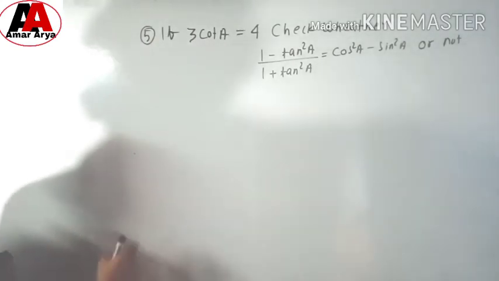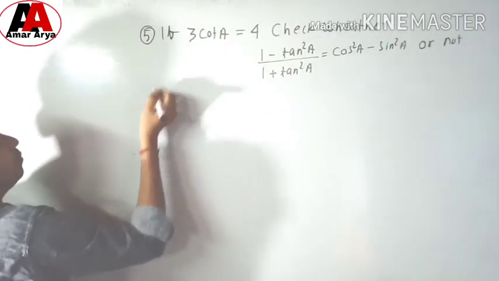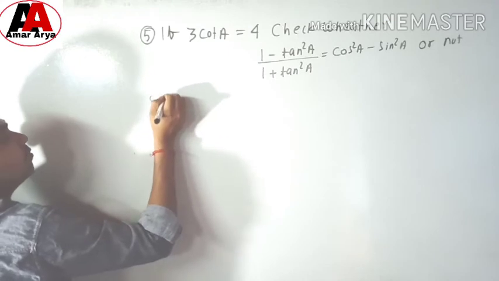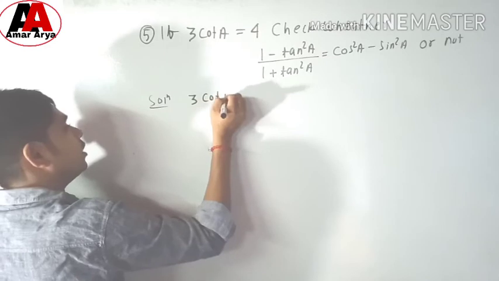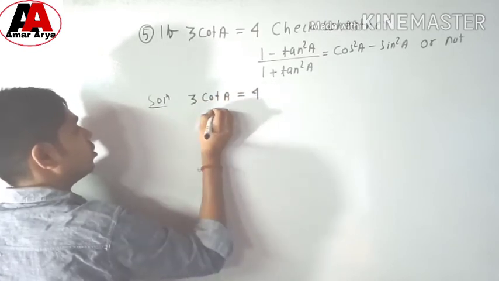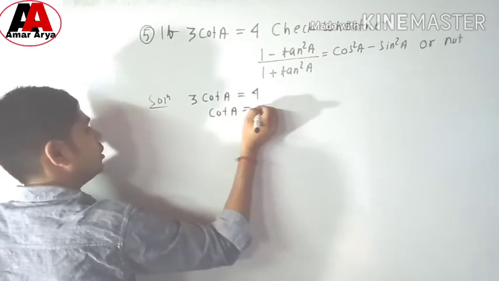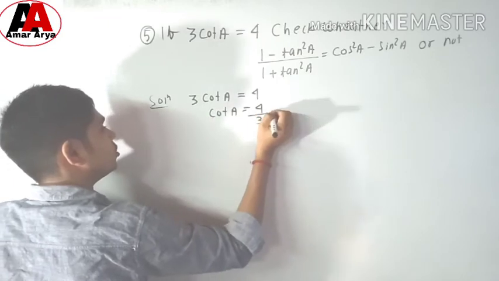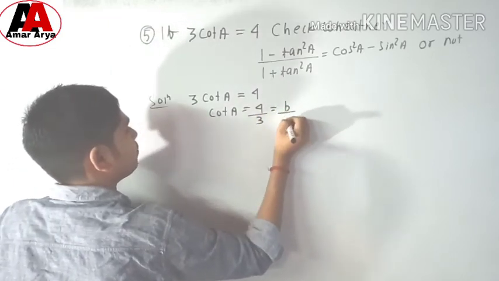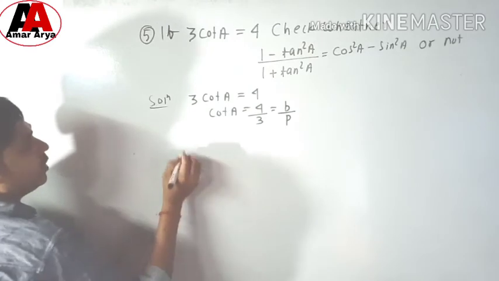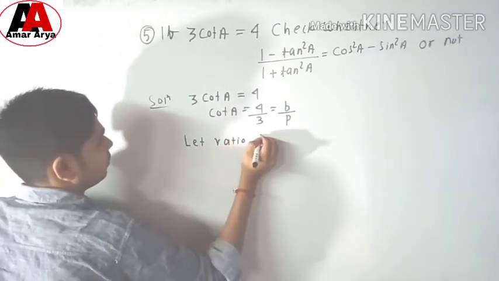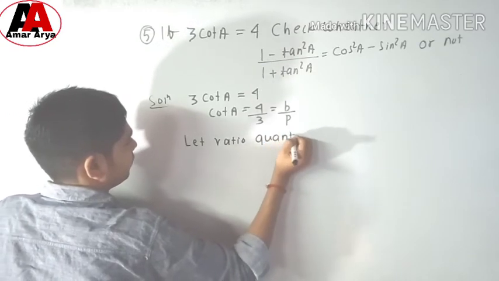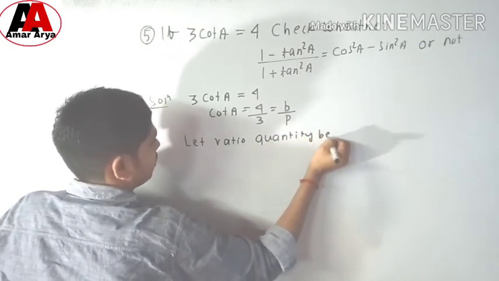So first of all we are going to solve the value of tan A and cos A. So here 3 cot A is 4. Okay, so cot A equals 4 by 3. So here is b by p. Okay, so we can write here let ratio quantity k.